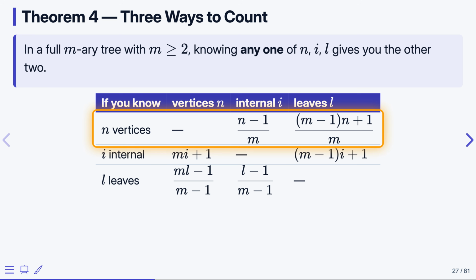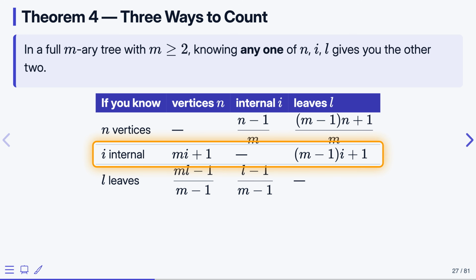Read the table 1 row at a time. The first row starts from n if you know the number of dots. The internal count is (n-1)/m, and the leaf count is ((m-1)n+1)/m. The second row starts from I if you know the internal count. The total is mI+1, and the leaf count is (m-1)I+1.